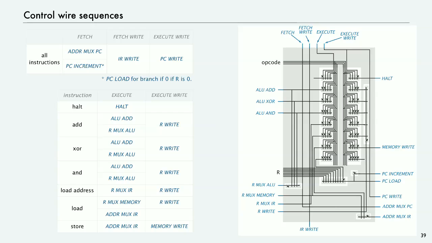And so all of those instructions go down into an OR gate that lights up that line and so forth. You can check for every one of the instructions which control lines it lights up, and it's exactly the ones that we need in order to get the state change that instruction specifies.